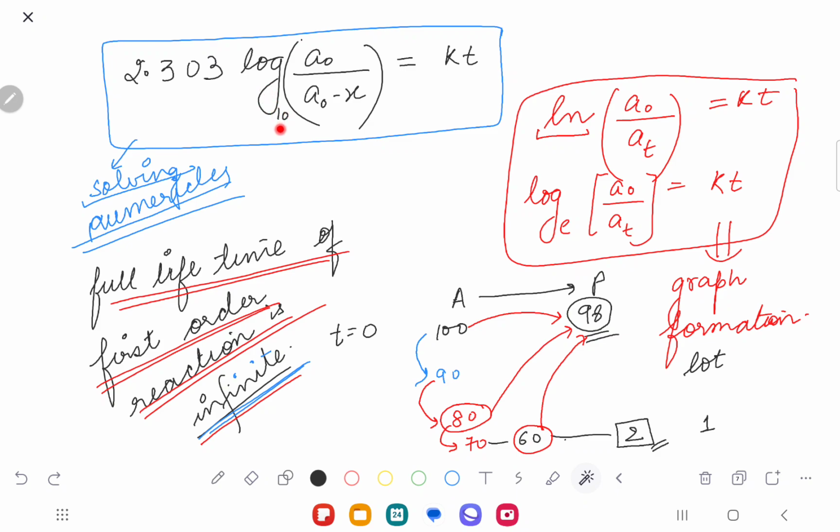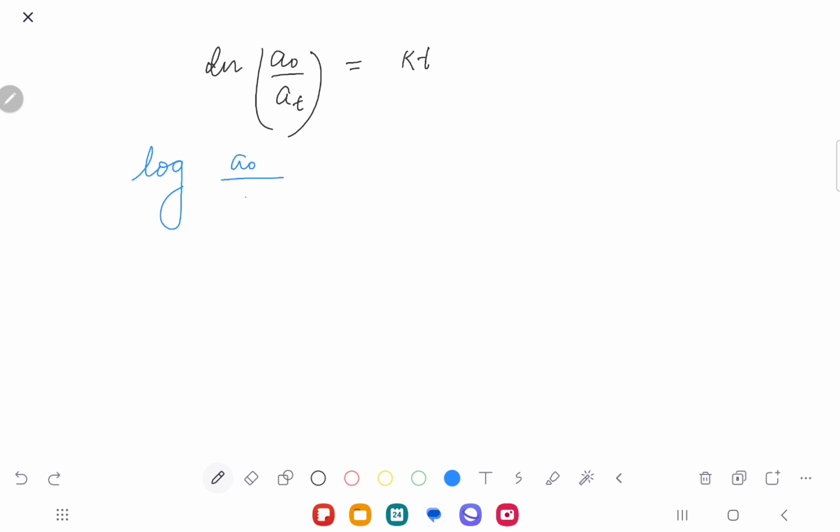We solve log to the base 10. What exactly do you mean by the term log? Can I say ln is nothing but log of a naught over at to the base e is kt? Yes, ma'am. I hope you understand the meaning of log.